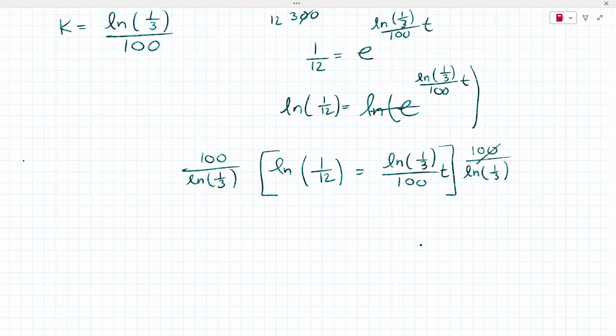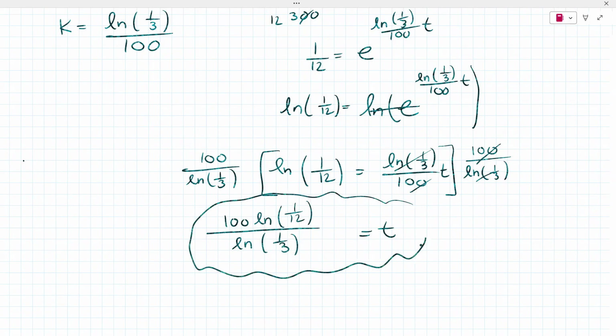So this cancels. So you're left with T equals 100 ln of 1/12 over ln of 1/3. And that's your T value.